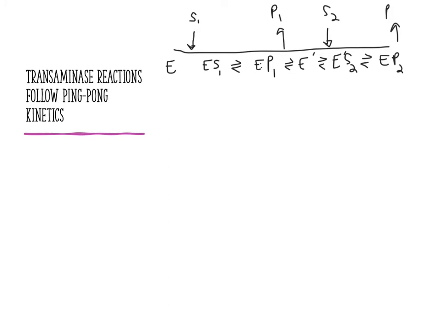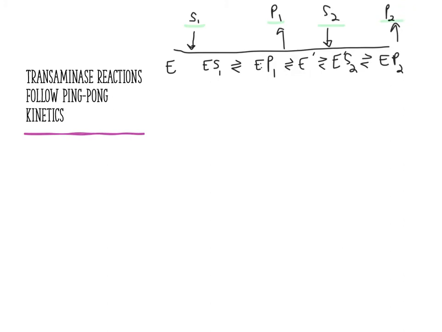So the first substrate goes in, first product leaves. Second substrate comes in, second product leaves. That should have a little P2 on it.